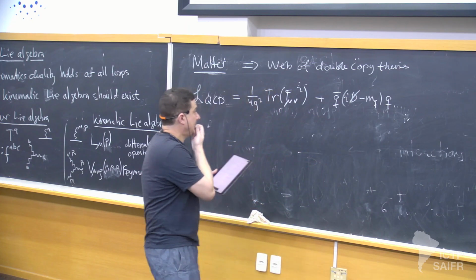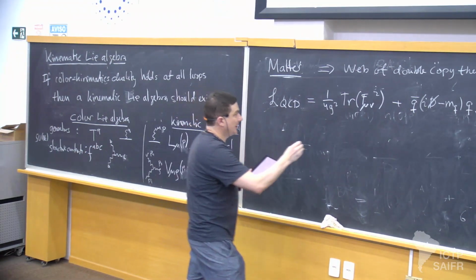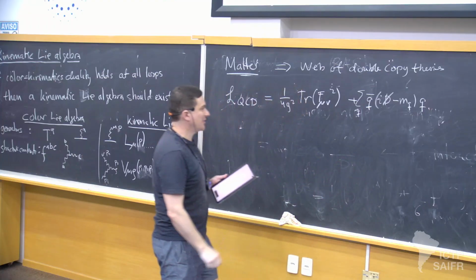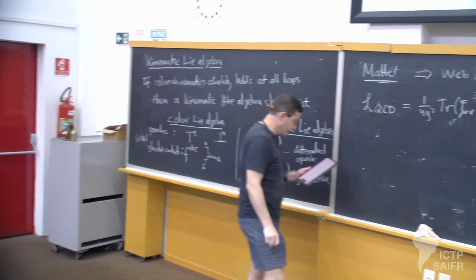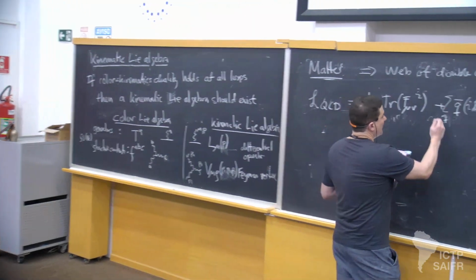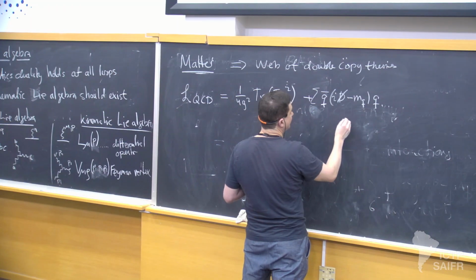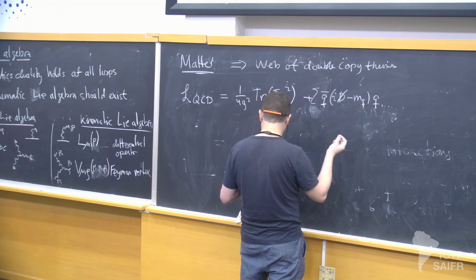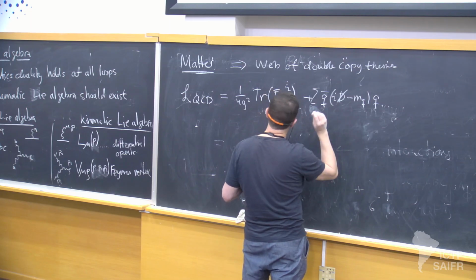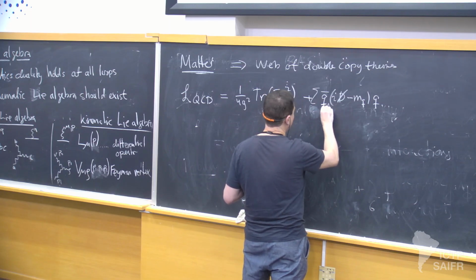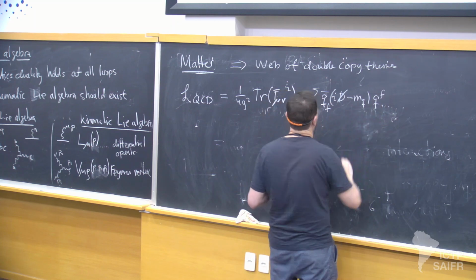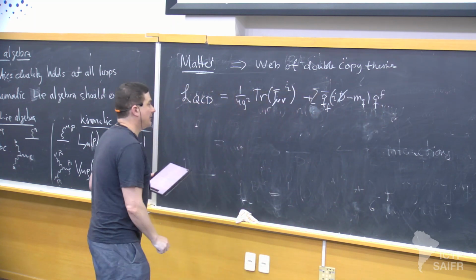And I guess there's a sum over Q if you have many quarks. I'm a bit schematic there. Maybe I should put an index somewhere. What index should I use? F, I guess. Flavor.